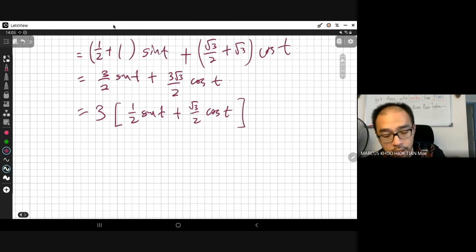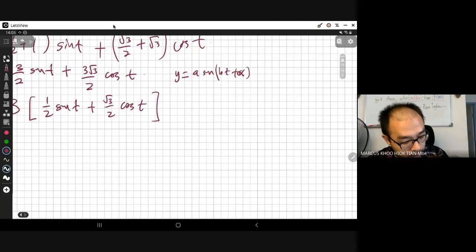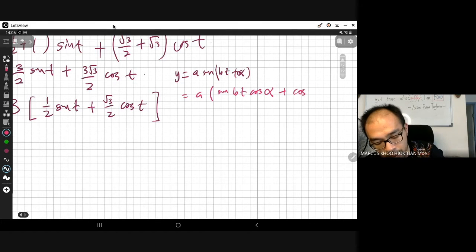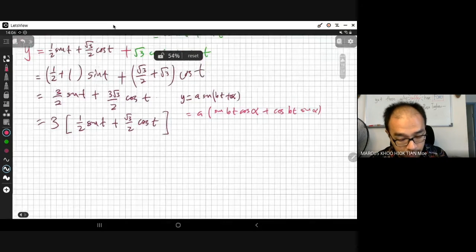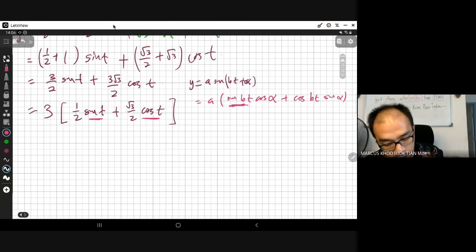Now we want it to be y equals a sin(bt plus alpha). This will be sin bt cos alpha plus cos bt sin alpha. We want it to be like this. So we have sin here and cos here, sin here and cos here.